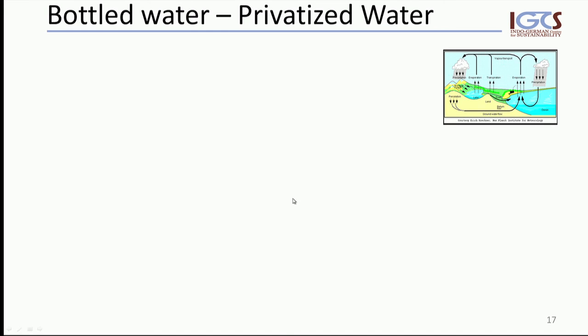And finally, let's reflect upon bottled water, and I'm putting next to this term bottled water the privatized water. So bottled water means that it's water put into a container and sold as such, as a good through private enterprises, private operators.